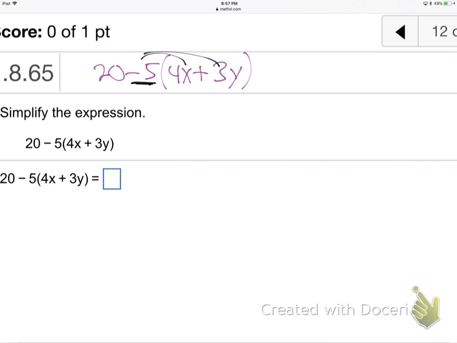Those signs that are in front of a number, they always go with it. So when you got 20, and then the minus 5 times the plus 4 is minus 20x, and then the minus 5 times the plus 3 is minus 15. And we're done. Is that good? You take that minus with you wherever it goes. Don't forget the minus. A lot of people forget the minuses there.